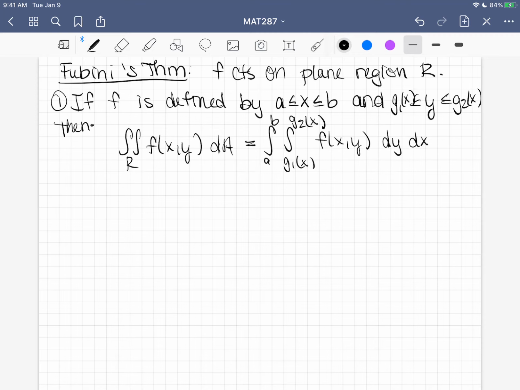Okay, so we can use our iterated integrals from the last section to evaluate double integrals in this section.